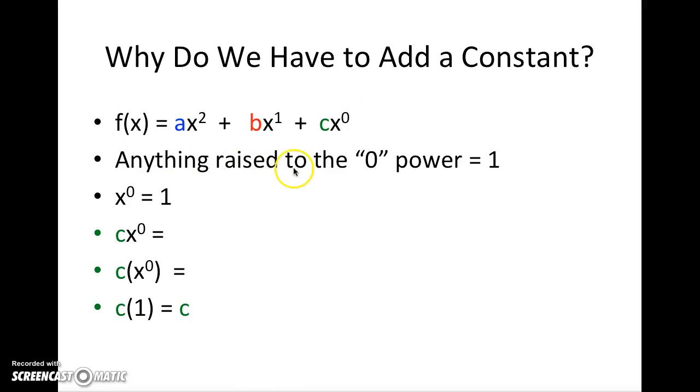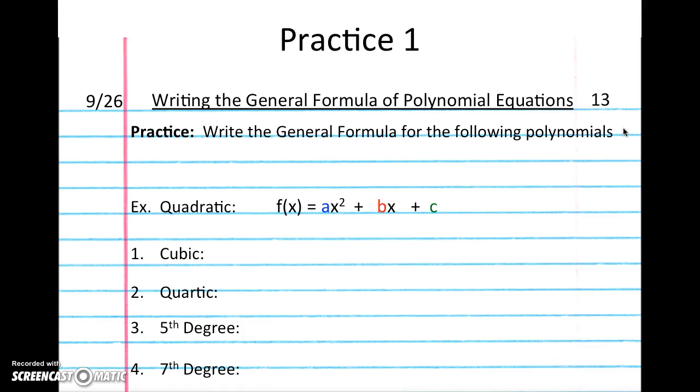But because anything raised to the 0th power is equal to 1, c times x to the 0th power is actually just equal to c times 1, which is equal to c. So that's why that x to the 0th power is not shown there. If it helps you to write out the x to the 0th power as you're doing this, that's totally fine. But in the end, we're not going to show that x to the 0th power, just because it gets confusing with all of those numbers and things.